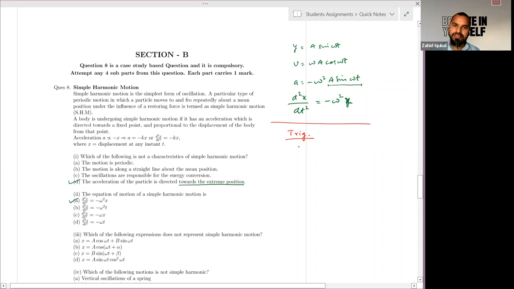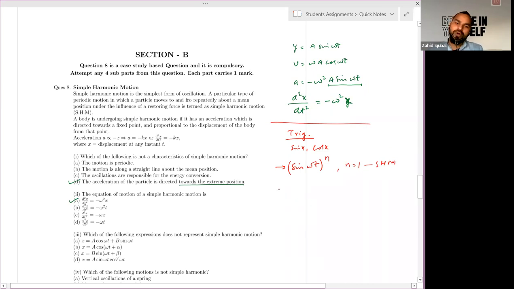In those 6 functions, only sin x and cos x will be SHM. And in that, it should be a linear power of sin x and cos x. Suppose you have sin omega t to the power n. If n is 1, then it will be SHM. Otherwise, it will be periodic, but not SHM.